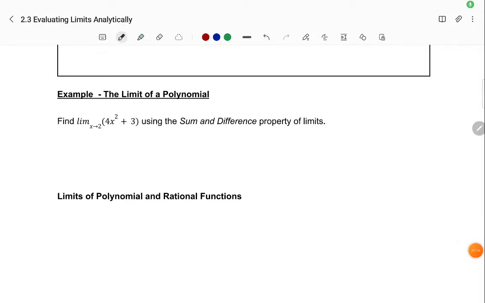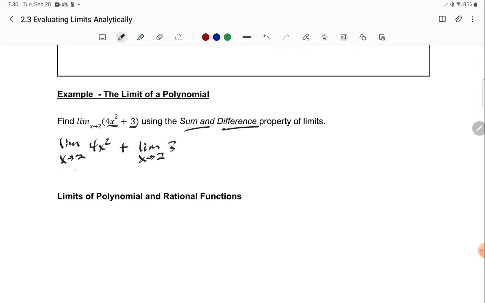Now let's take a look at an example. So here you have a function plus a function, right? That's the sum and difference property of the limits. So what you could do is the limit as x approaches 2 of 4x squared plus the limit as x approaches 2 of 3.